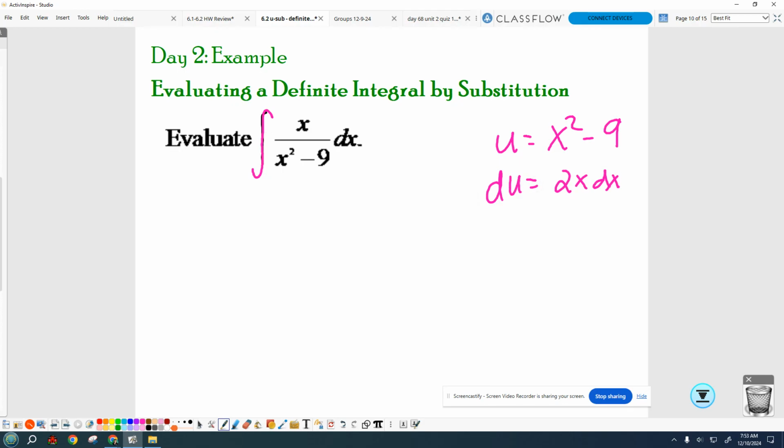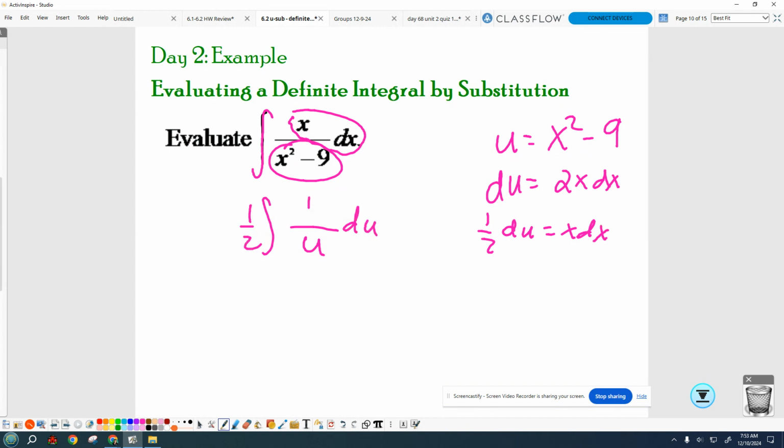Okay, so translating, this stuff becomes u. What I have left is x dx. Solving for x dx, I have 1/2 du.